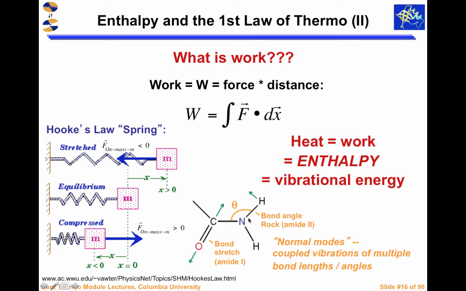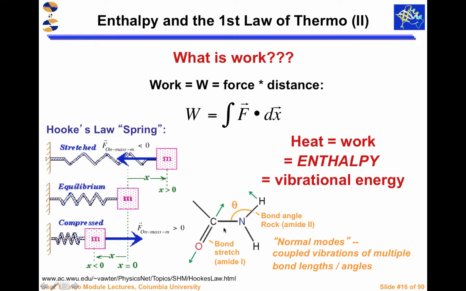But each one of these normal modes will behave exactly like a Hooke's law spring, and they will undergo simple harmonic oscillations. And in an aqueous solution that contains, let's say, a molecule that contains an amide group like this, energy can be stored in these kinds of normal modes and will be stored in these normal modes.